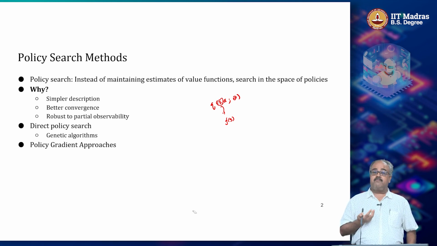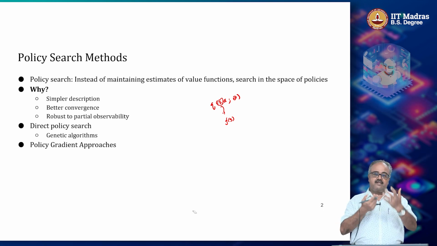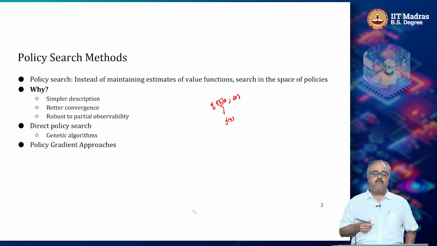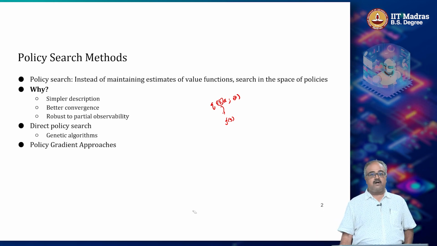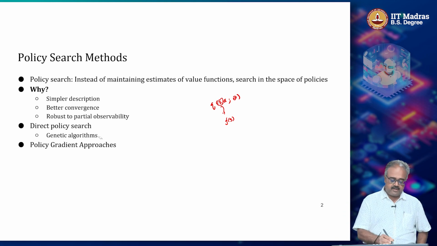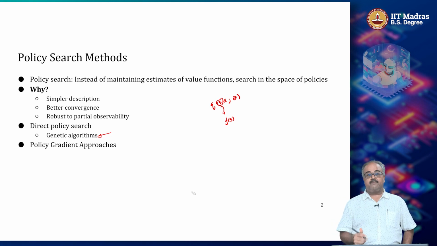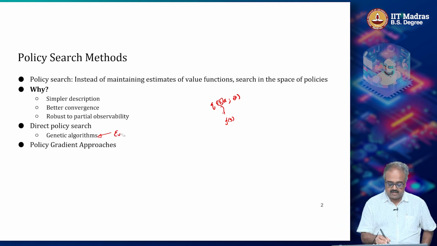You could do this in multiple ways. The first is what is called direct policy search, which is essentially just searching around in the space of policies using some kind of heuristic, could be some local search methods, or the more popular way of doing direct policy search, which is to use what are called genetic algorithms, or evolutionary methods.